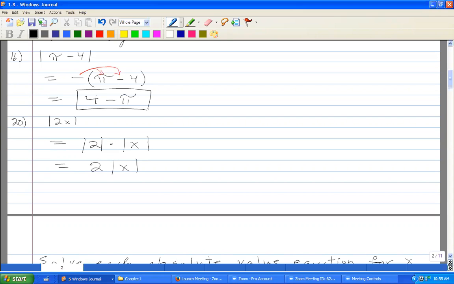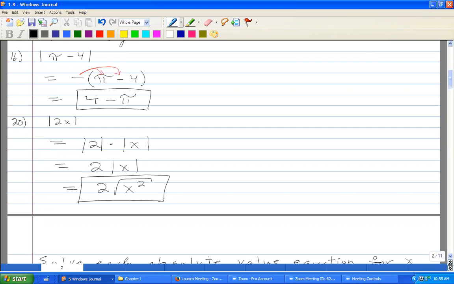The absolute value of x, I could write as the square root of something squared. So this will be x squared and then take its square root. And that is the absolute value of 2x.